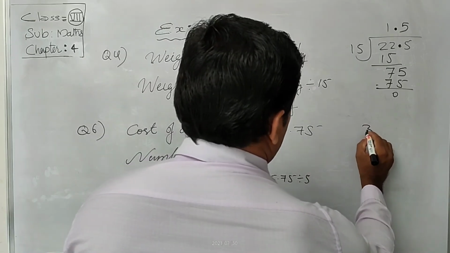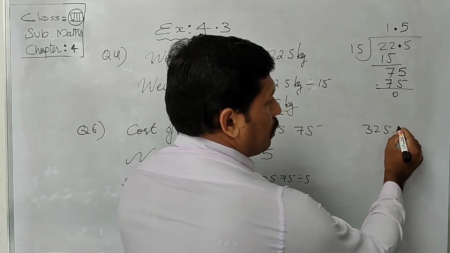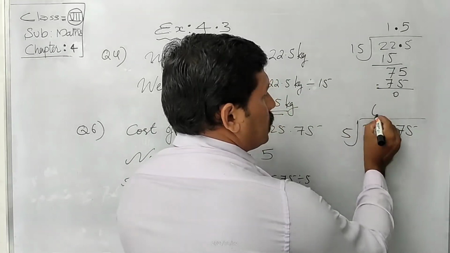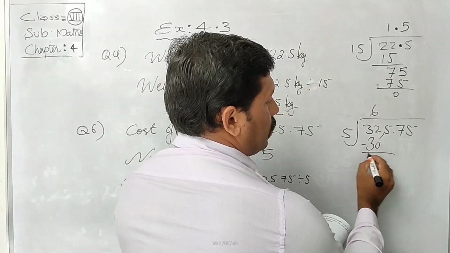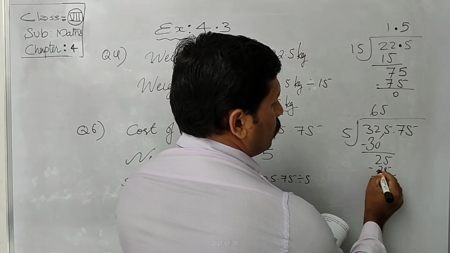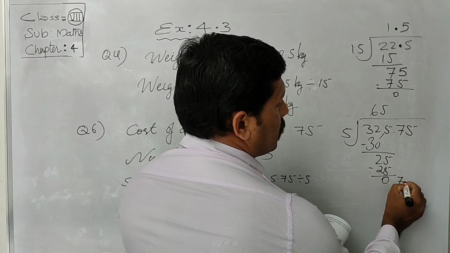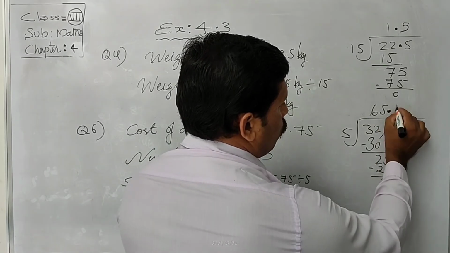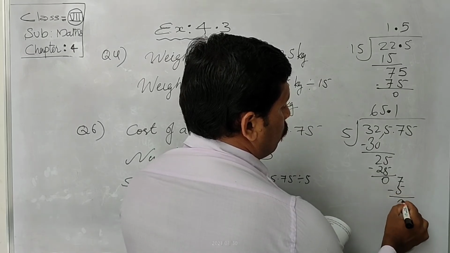We divide here 325.75 divided by 5. 5 6s are 30. Then remainder 2, 25. 5 5s are 25. 0 remainder. Next digit is 7, that is after the decimal. Therefore we place a decimal here. 5 1s are 5, so 7 minus 5 is 2, then 25.